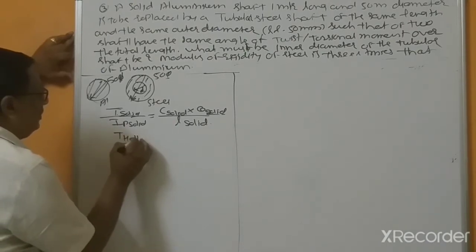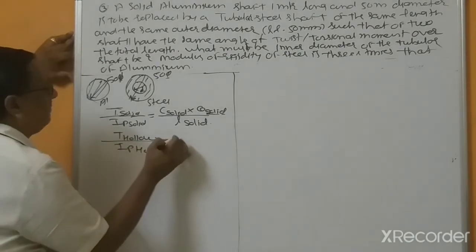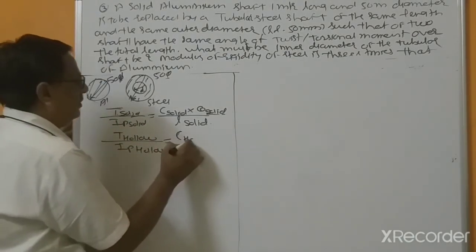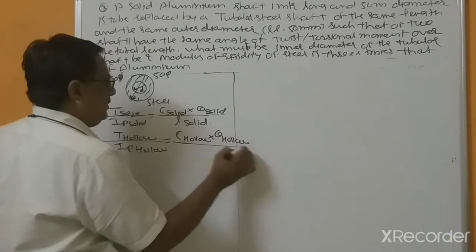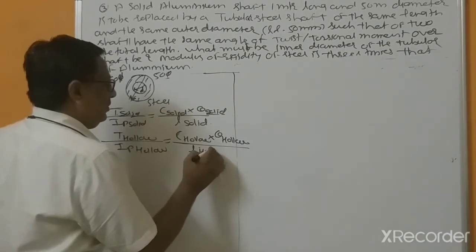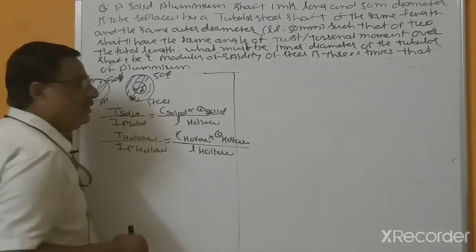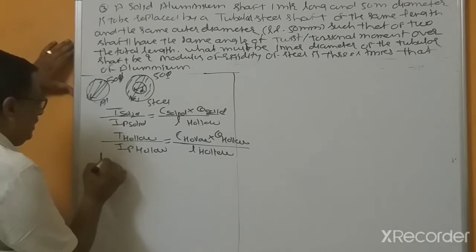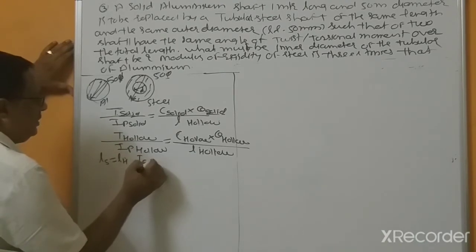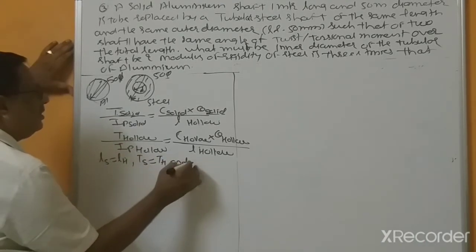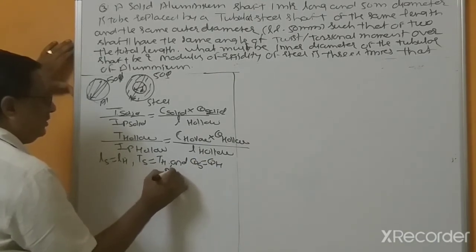For hollow, and this is for hollow, C for hollow, and this length of hollow. So given length equal same, LS equal to LH, TS equal to TH, and theta S equal to theta H given.